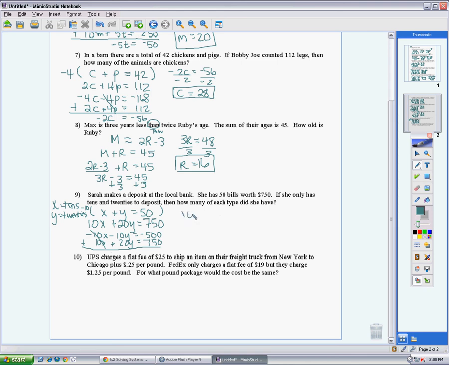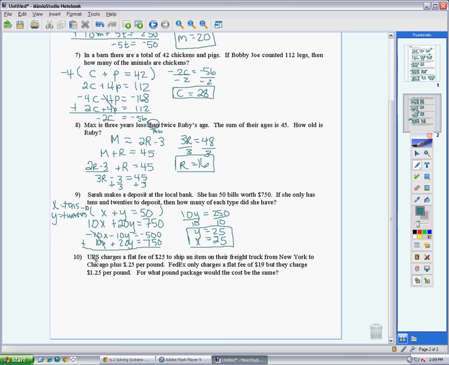And I've got 10y equals 250. Divide by 10. And y equals 25. Okay, again, I'm going to use mental math here because I know what plus 25 equals 50, so that means my x has to equal 25 as well. So that means she has 25 of each bill. She has 25 10s and 25 20s.